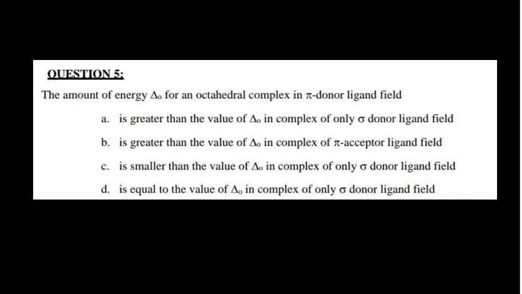So basically the value of delta O in an octahedral field, definitely when I am writing O, it is for octahedral field. The value of delta O for an octahedral complex in the pi donor ligand field is smaller than the value of delta O in the complex in only a sigma donor ligand environment.